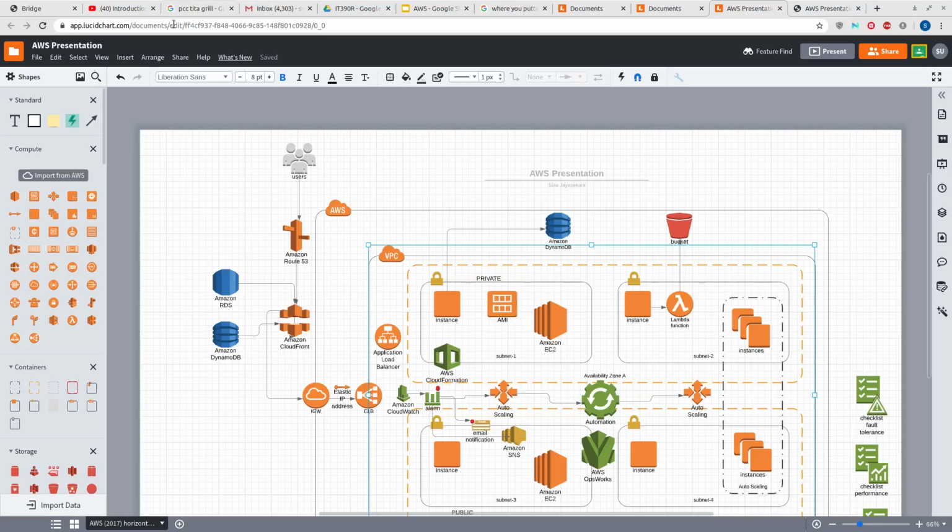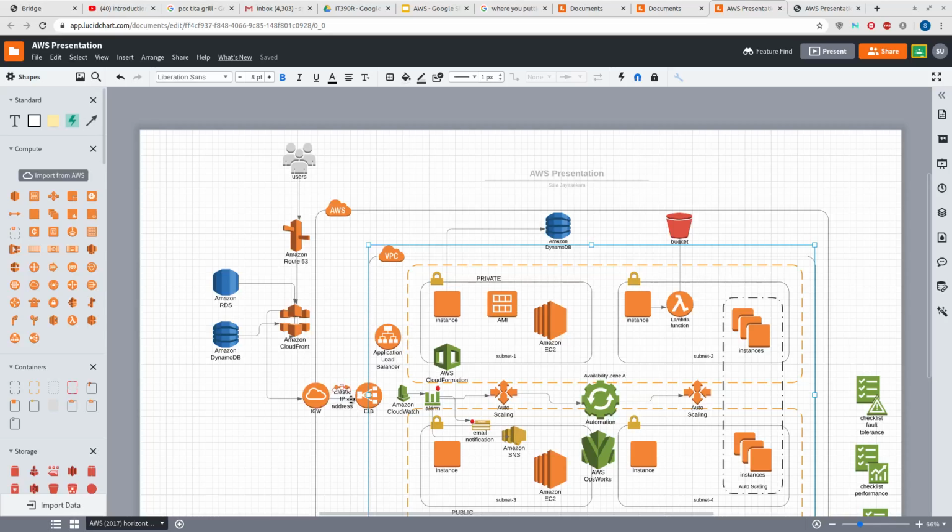And at the same time, we have these outside Amazon RDS database and NoSQL databases, so the users can directly store data securely because of the Amazon cloud, and it goes directly to the internet gateway.